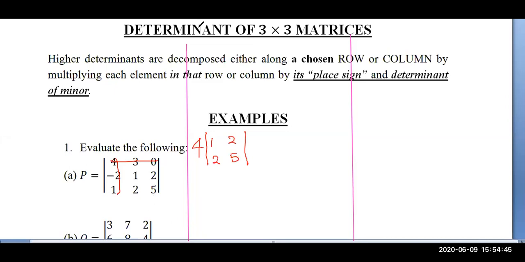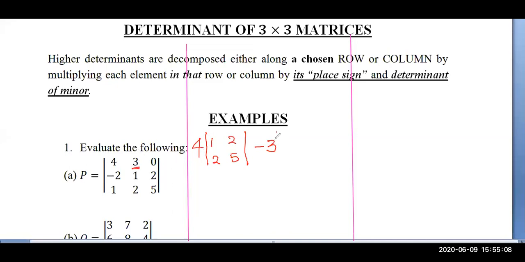All right, so that is the way you decompose that. Then the next thing you do, remember I'm decomposing along the row, is the place value of 3, which is minus. So I will say minus 3, multiplied by the determinant of minor for element 3.